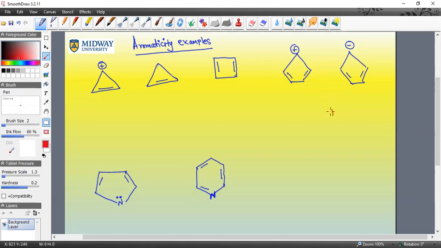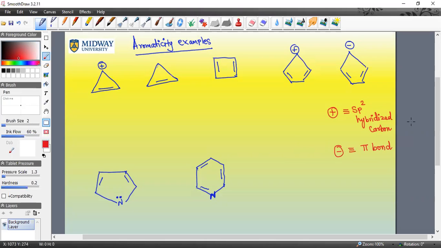A positive charge is equivalent to an sp2 hybridization, an sp2 hybridized carbon. So keep that in mind. And a negative charge is equal to a pi bond.